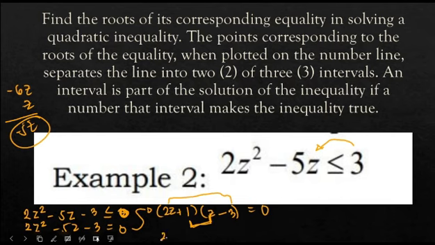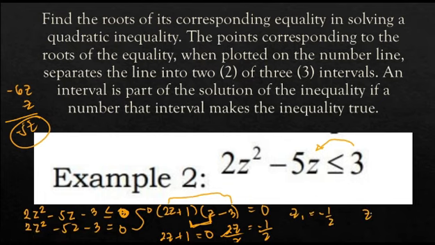And then, let us solve for z sub 1 and z sub 2. Starting with 2z plus 1 equal to 0. Paslipat lang natin yung 1. So, that is 2z equal to negative 1. Then, divide both sides by 2. So, cancel na yan. Ang first z natin value is negative 1/2. For the z sub 2 naman, zero product property.